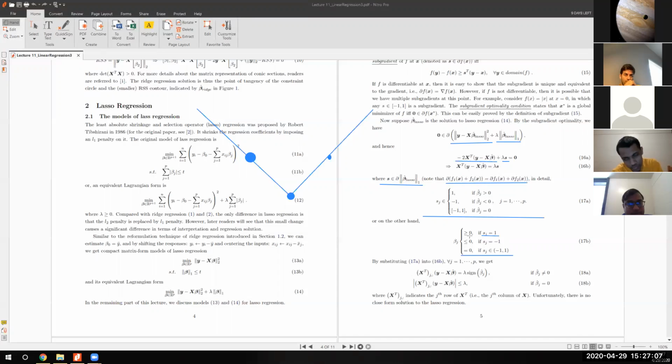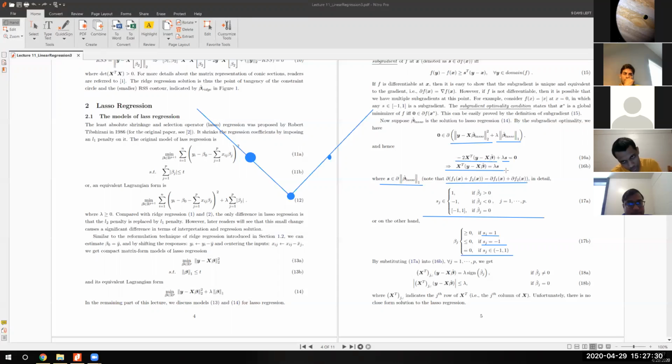You cannot claim it must be greater than 0. Why? Because if beta j equals 0, your Sj could also be 1. And also, if your Sj is -1, then you can conclude that beta j is less than or equal to 0. Okay, so this is some analysis from the optimality condition here.